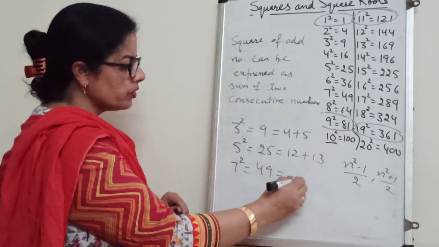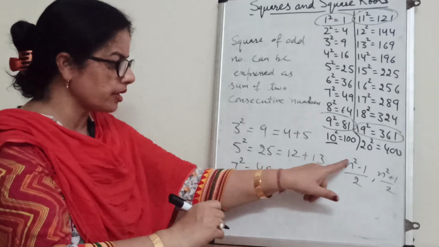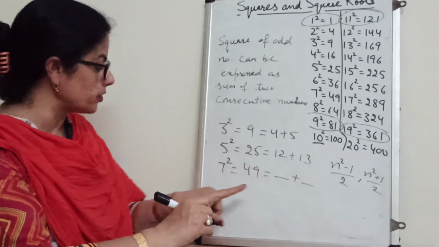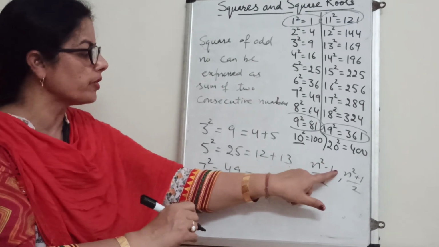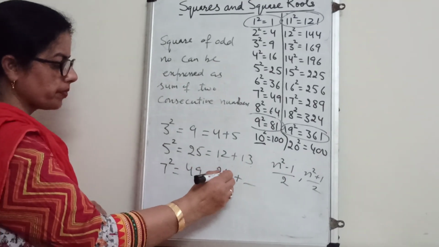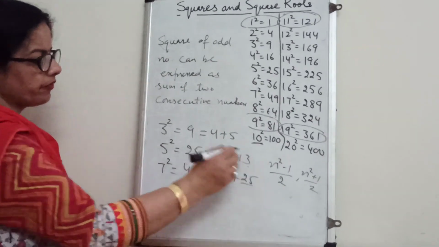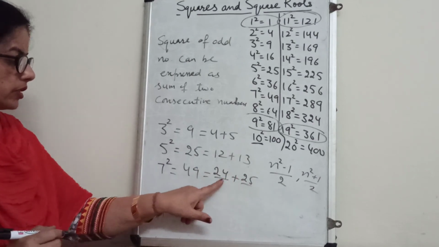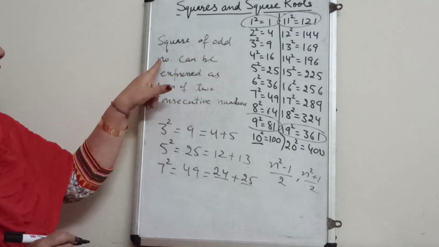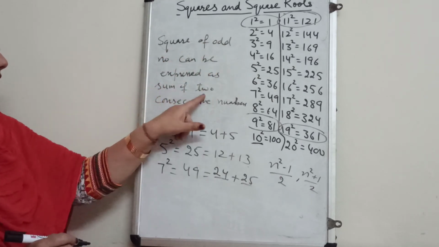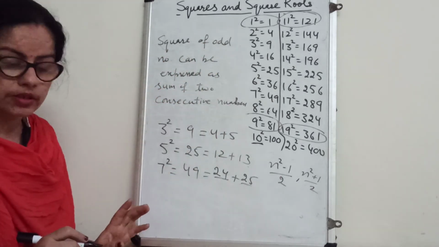Then what will be the two consecutive numbers? n square minus 1 by 2, n square plus 1 by 2. n is what here? 7. 7 square means 49 minus 1, 48 by 2, that is 24. And next will be 25. And 24, 25 are two consecutive numbers. So we can write the square of an odd number as the sum of two consecutive numbers.